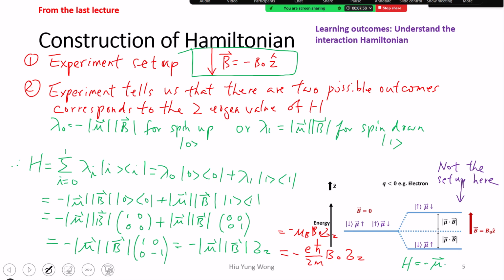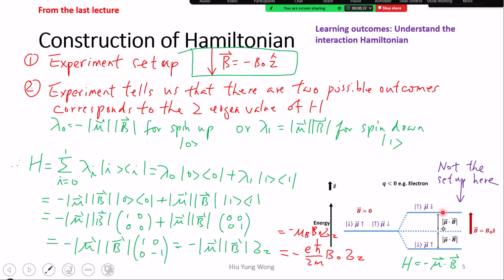We also know the interaction Hamiltonian between the magnetic moment and the magnetic field is negative mu dot B. Now for this figure, I have the magnetic field pointing up, not down. If you have the magnetic moment pointing up, they are parallel, pointing in the same direction, and you have a lower energy. This is called Zeeman splitting. If you have an opposite direction, you have a higher energy.